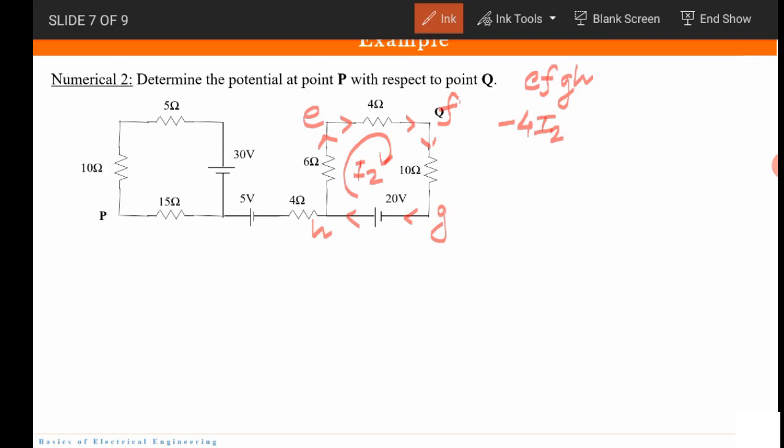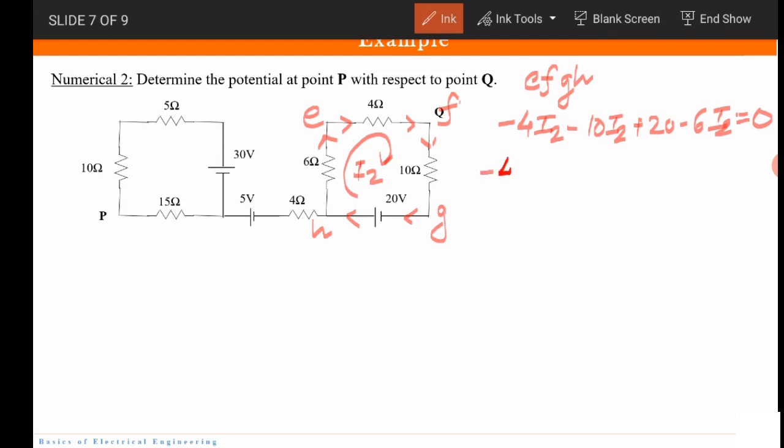Again, F to G. The current is also flowing from F to G, so it would be minus 10 I2. Then G to H, minus to plus, so plus 20. Then H to E, same direction, so minus 6 I2 is equal to 0.